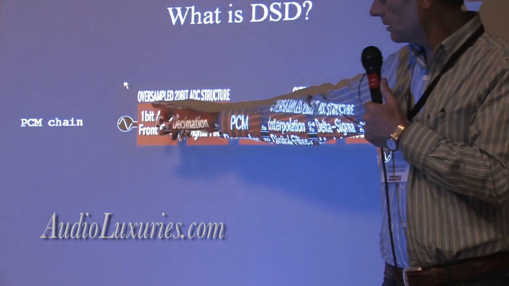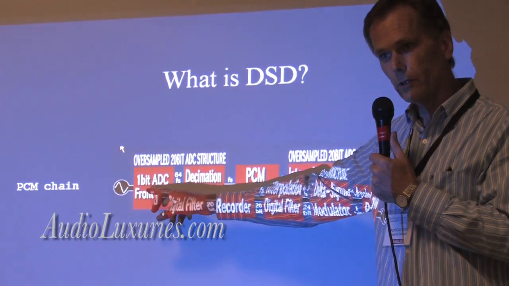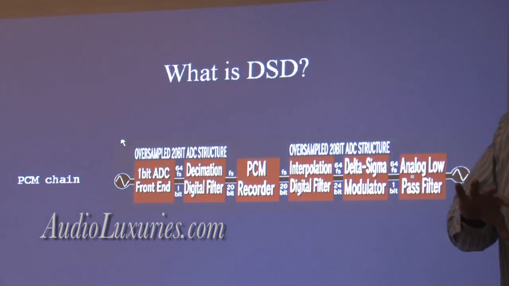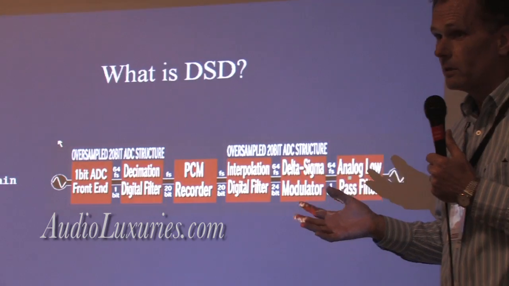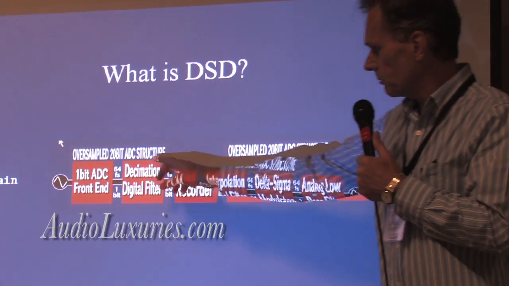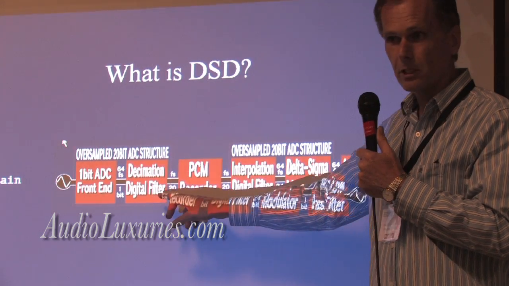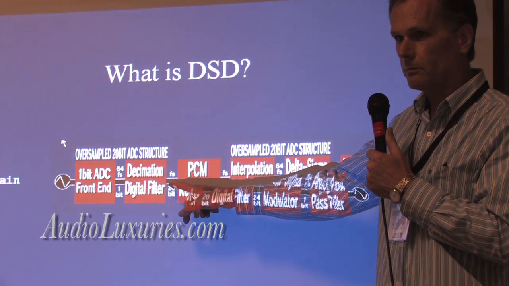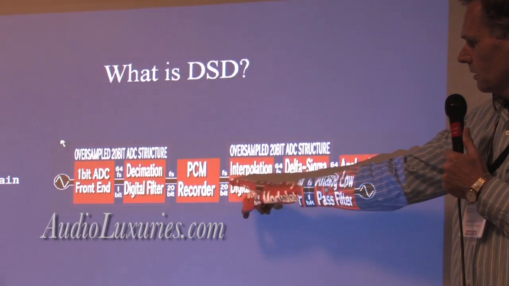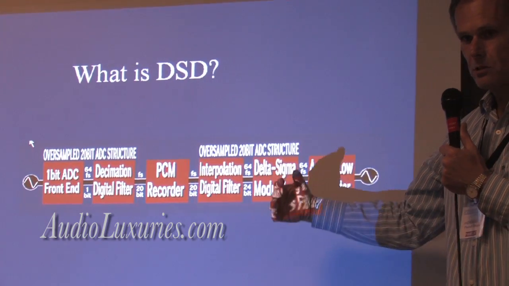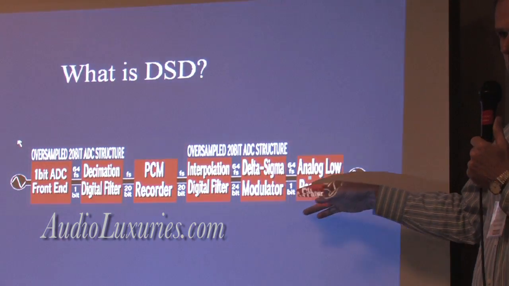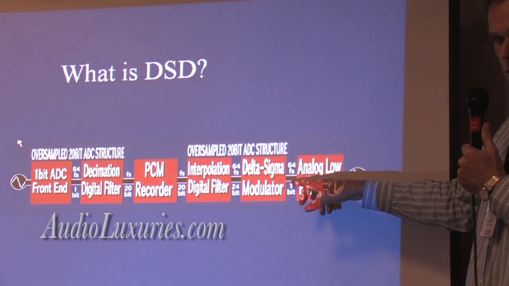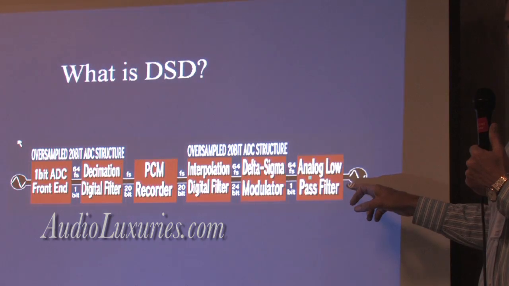We have a DSD, or 1-bit, A to D front end that takes care of the conversion from analog to digital. Not the right format for CD yet, but that's why they had this conversion or decimation filter to produce PCM. And the same thing back here: PCM from the CD goes through interpolation and delta sigma modulation, becomes DSD for a short while here, and then analog.